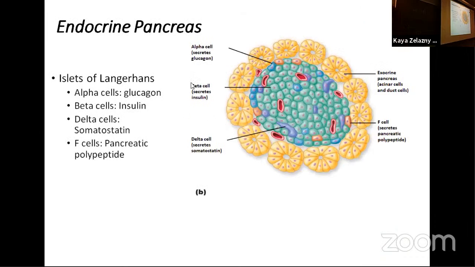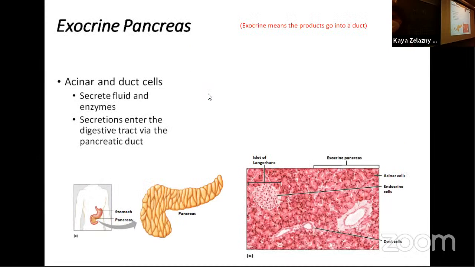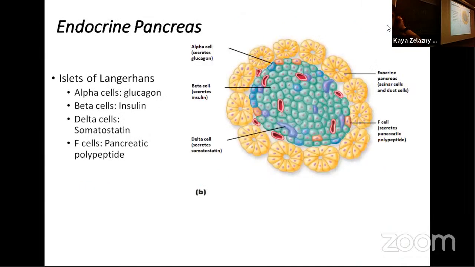I'm going to flip back for a second so that we can see histologically what we're looking at. So we're focusing in that little cartoon on these islets of Langerhans. And this is where we're going to have the endocrine cells of our pancreas. We have a couple different types.